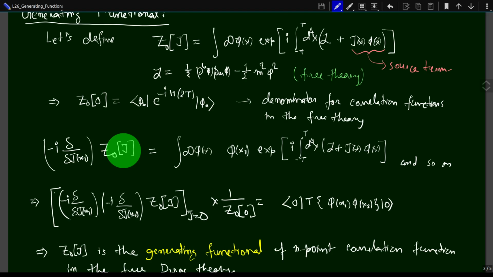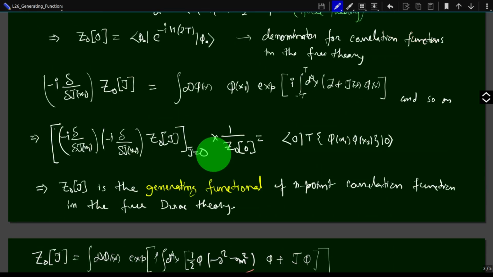If I do this integral and then perform this derivative, then because this is the only piece which depends upon j, taking the derivative gives minus i times i φ, which means just φ(x1) will appear here, and this exponential sits as it is.